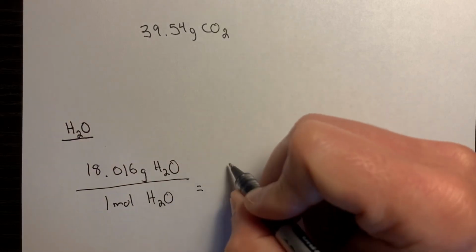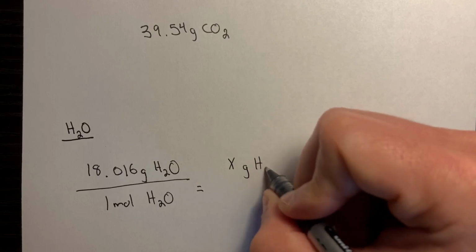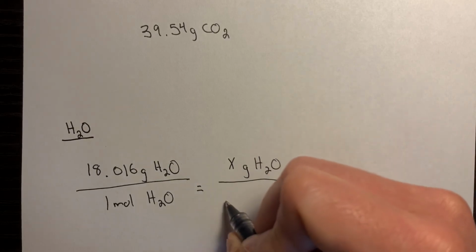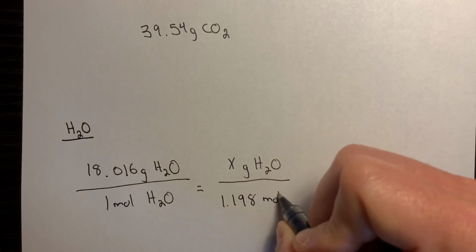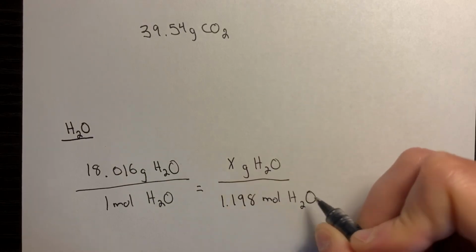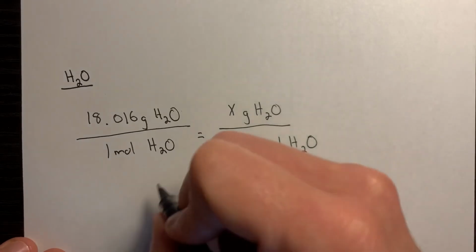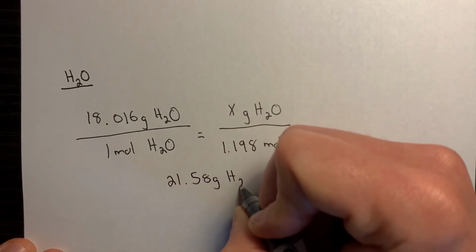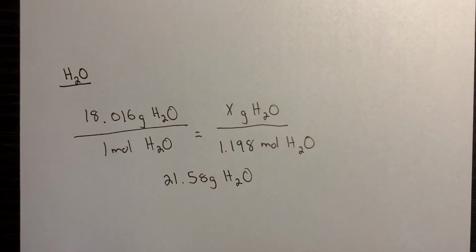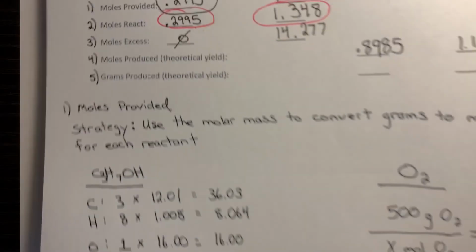Trying to figure out how many grams of water are going to be produced. I had previously solved for 1.198 moles of water that get produced. So again, I cross multiply, solve for x, and I get 21.58 grams of H2O.